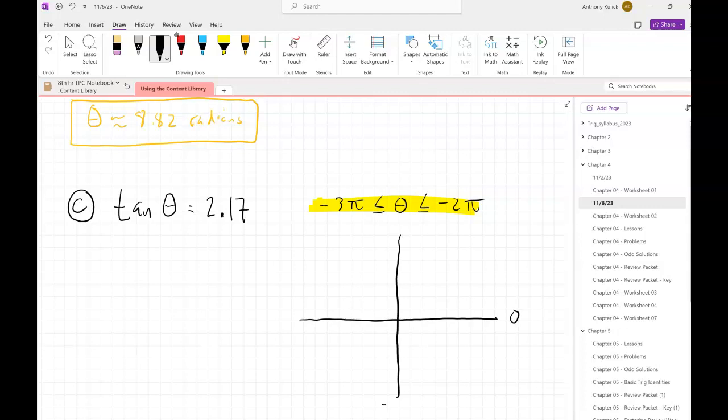So 0, and then negative pi over 2, negative pi, negative 3 pi over 2, negative 2 pi, that's my start, negative 5 pi over 2, and then negative 3 pi. So we're looking for our answer down here in quadrants 3 and 4.